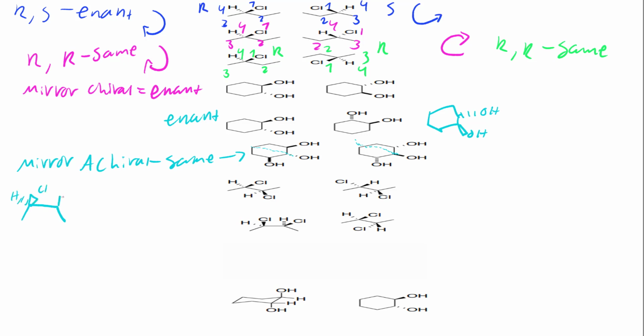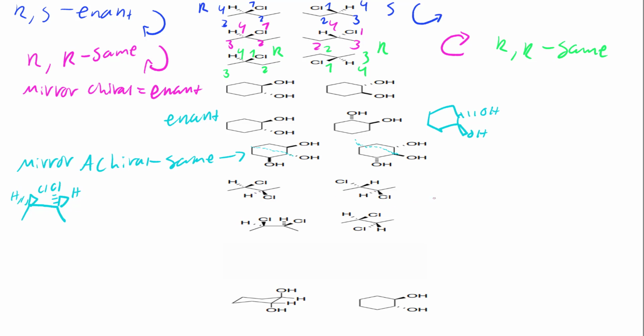That's a hydrogen and that's a chlorine. Whenever we twist something, whatever was a hash becomes a wedge, and whatever was a wedge becomes a hash. So for sure this is not achiral, because you do not have a plane of symmetry, therefore you have to be chiral, most likely. So we said that both of them are going to be chiral, right?